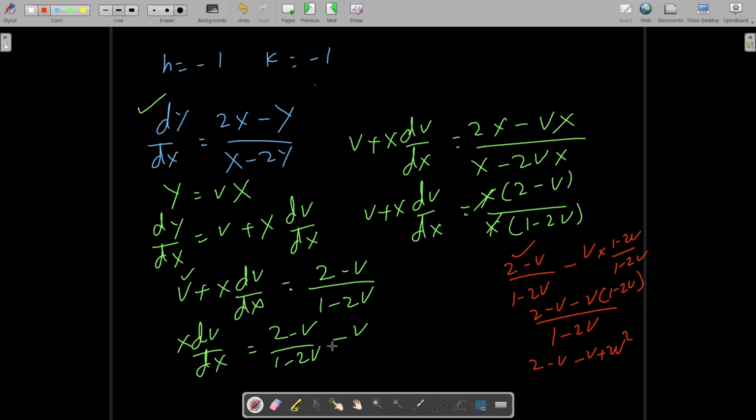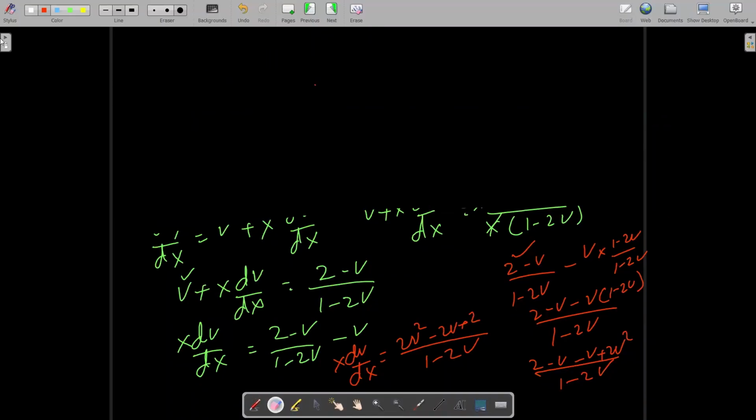So after simplifying, we can write this differential equation: x dv over dx equals 2v square minus 2v plus 2 over 1 minus 2v. Does that make sense? Yes. Okay, great. Now, what's the next step? You have to separate the variables, right?